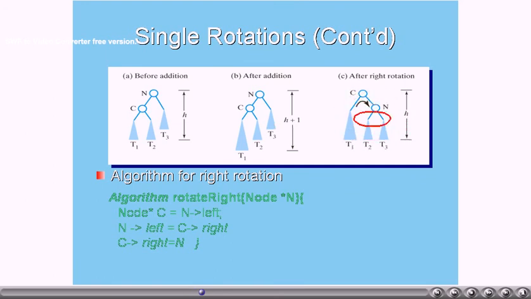We assume that at root node N, there is an unbalance. That is, the balance value is more than 1, that is 2.